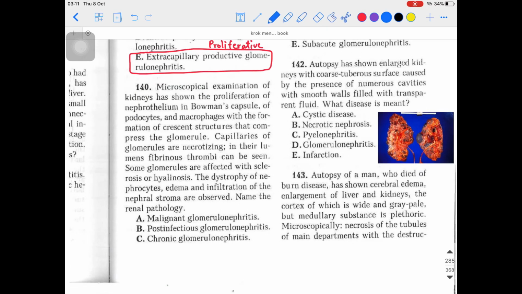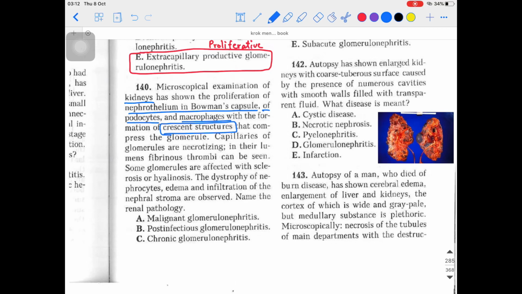Microscopic examination of the kidneys has shown proliferation of nephrothelium in the Bowman's capsule, of podocytes and macrophages, with the formation of crescent structures. So guys, if they are talking about crescent structures, in 90% of the cases they are talking about crescentic glomerulonephritis.